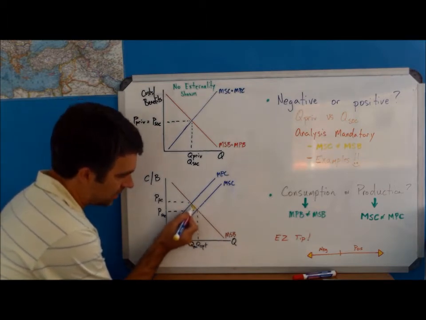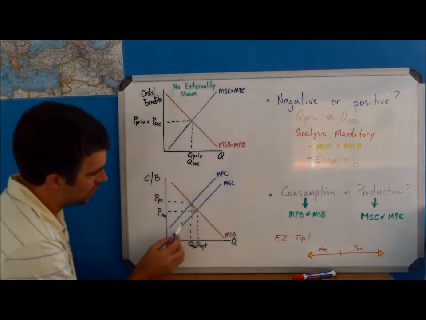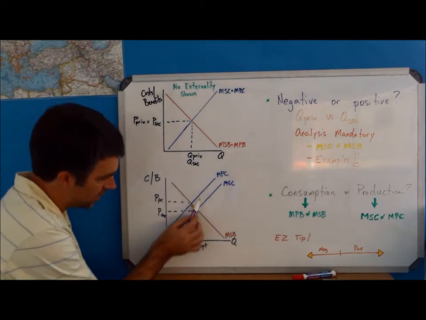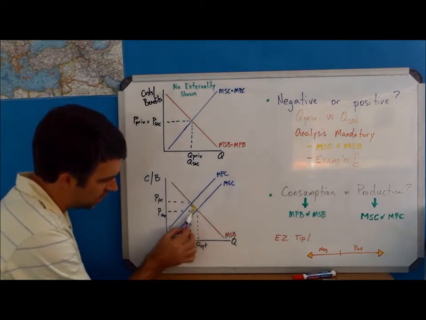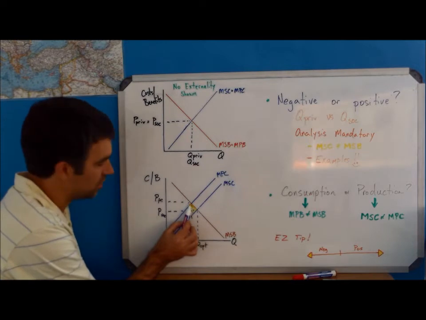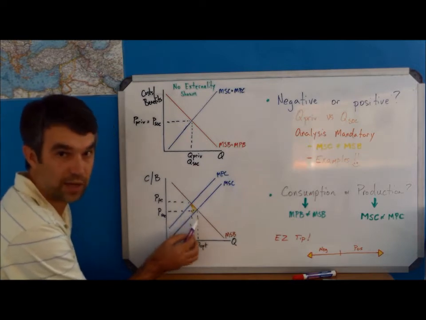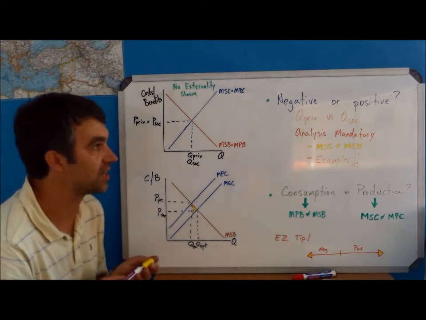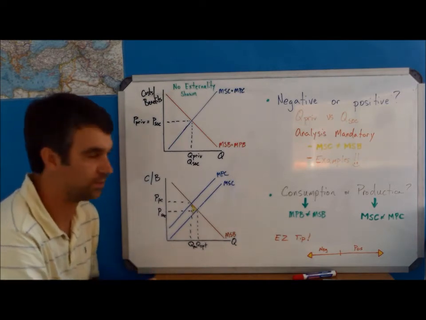And what we can see in this entire region is that, as always, if we look for private, social costs and social benefits, here are the social costs, yet the social benefits are higher. So they're saying we want more of this product, but the market is failing to produce it. So this is a positive externality of production.